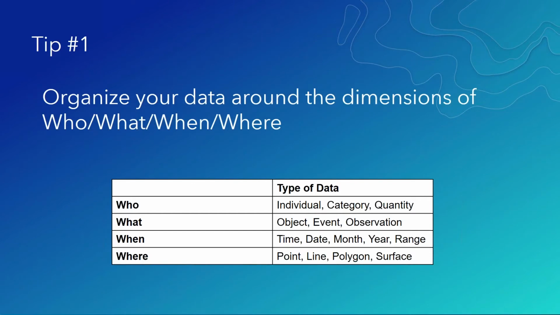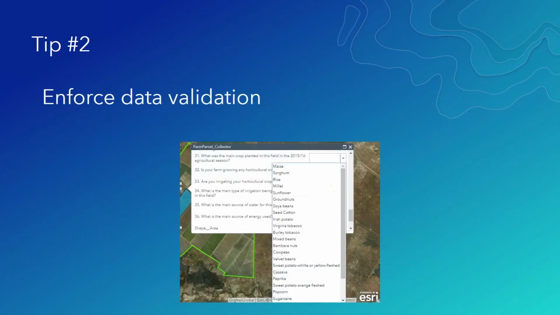Are we looking at a point, a line, a polygon, or a surface? If we can take a look at these dimensions in our data preparation phase, and have a clear sense of what some of the evaluation models are that we're looking at, it'll make things a lot easier as we get to that step.